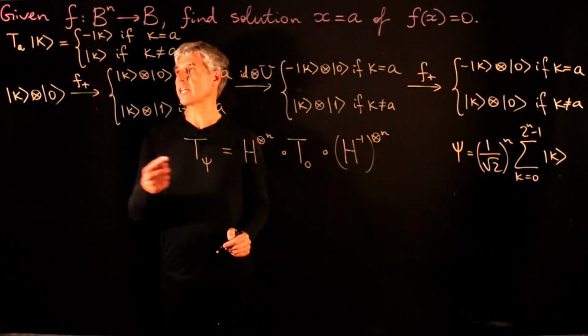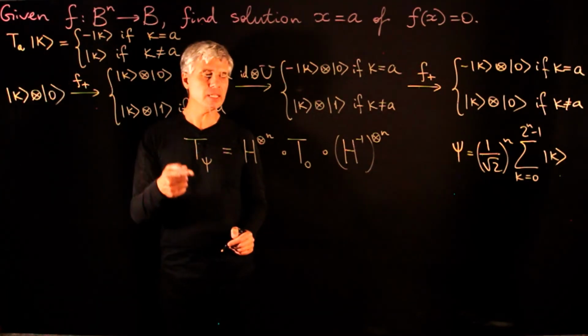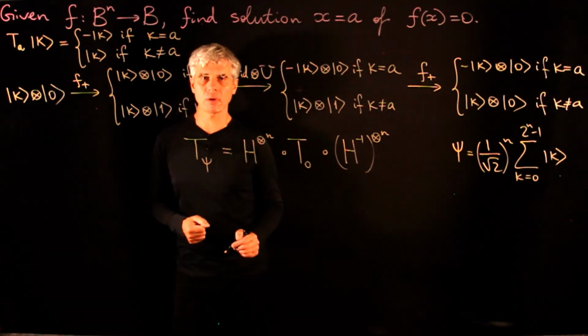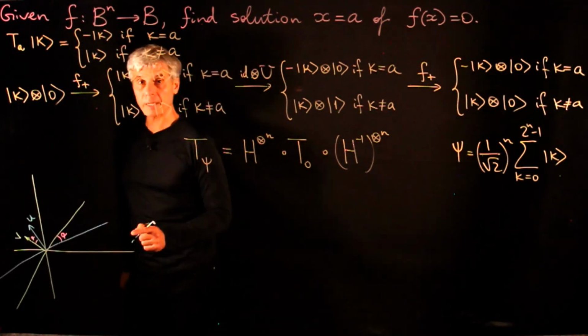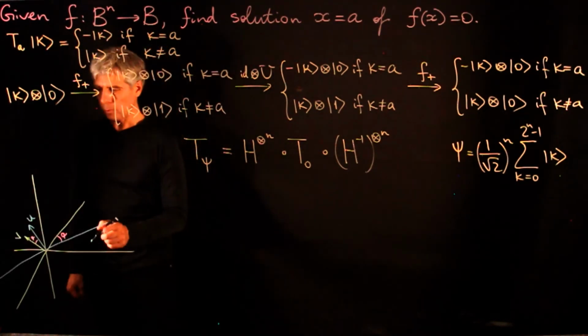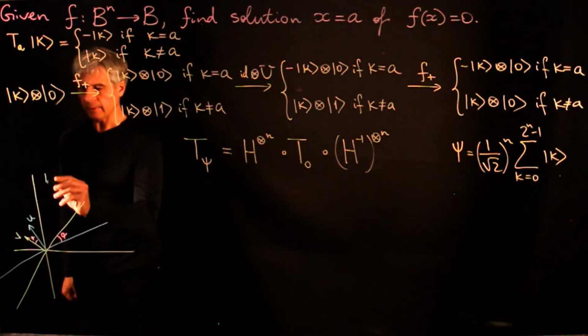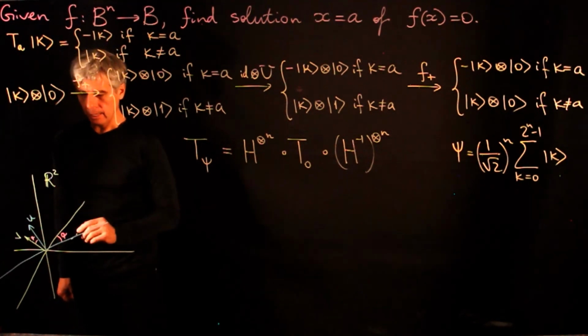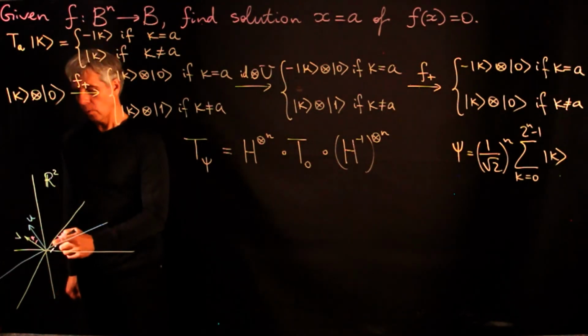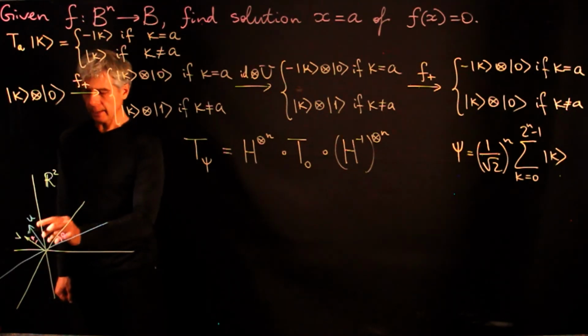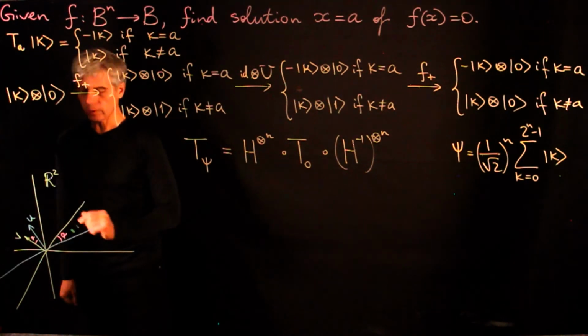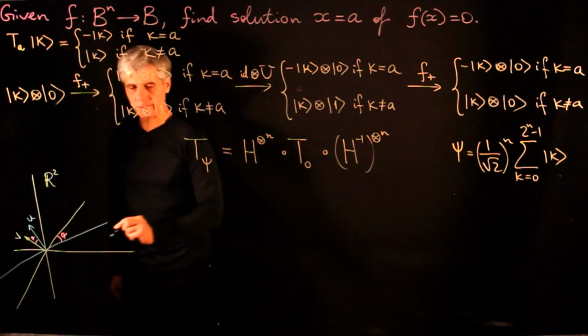Now, these two reflections, T_a and T_psi, are the building blocks of Grover's algorithm. Now we need a little bit of elementary geometry. So suppose we have a plane R2, and we have two reflections. One reflection is with respect to a vector u, and another is a reflection with respect to a vector v.